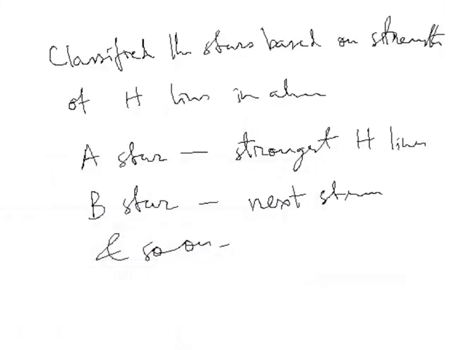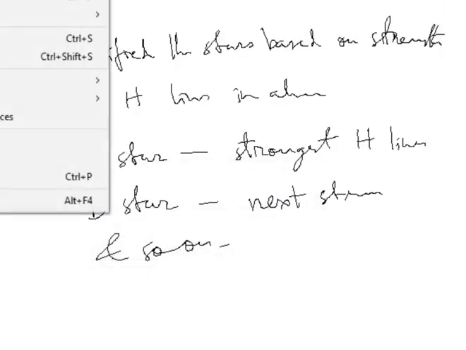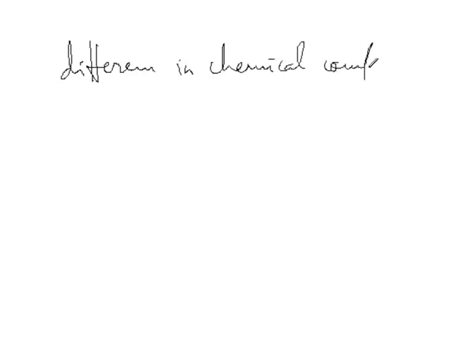So, if we have to understand what is happening, we have to ask, why is this happening? Why do some stars show strong absorption due to hydrogen and others don't? Now, the obvious solution would be to imagine that this is probably due to difference in chemical composition of stars.